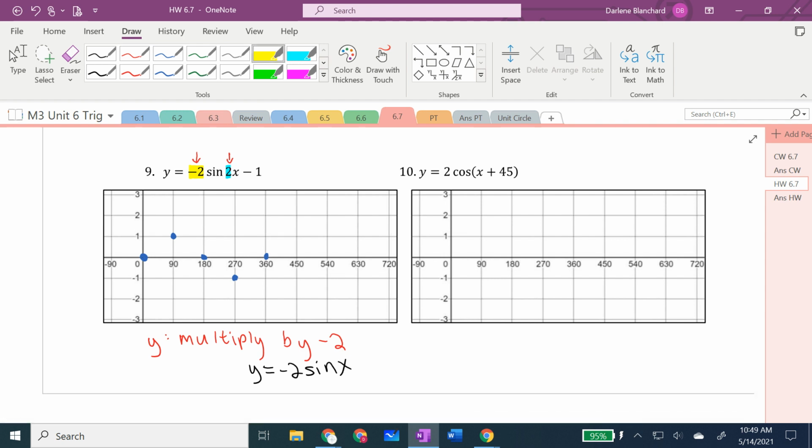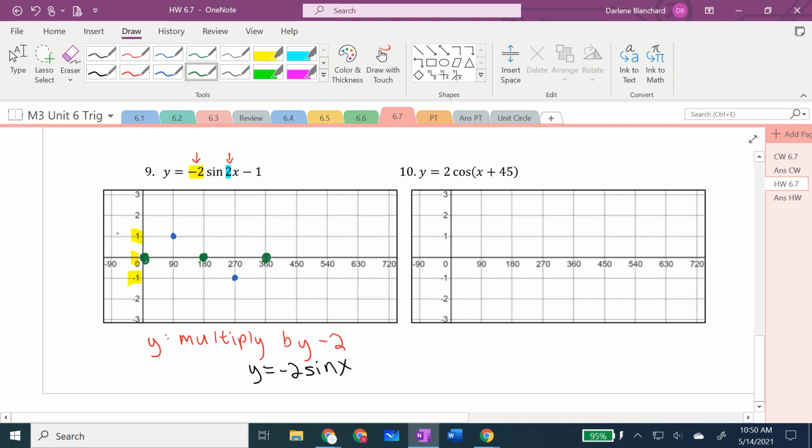And I want to focus on my y values, which are 0, 1, and -1. Everywhere that I have a y value of 0, I'm multiplying 0 by -2, and I'm still at 0.